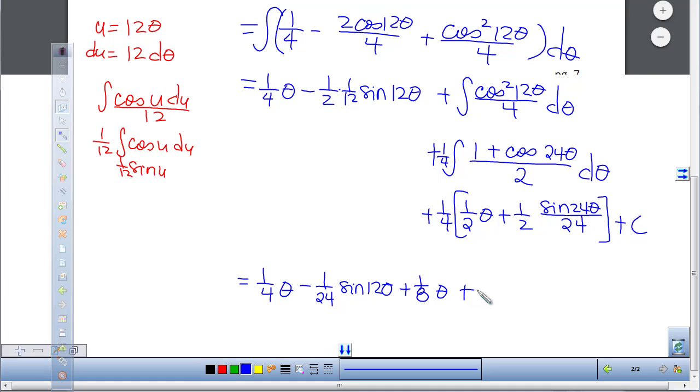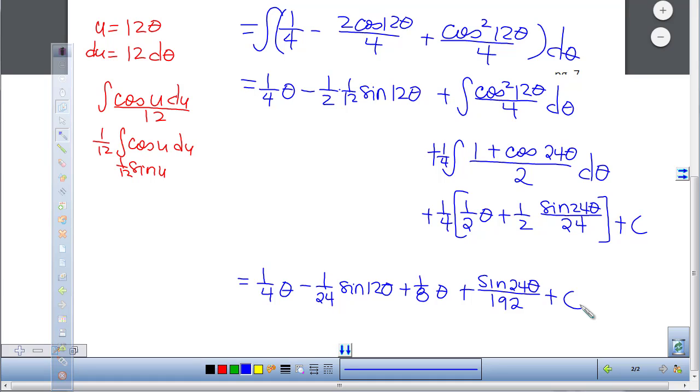plus, what's 8 times 24? Okay, which is 192. Okay, so we get sine 24 theta over 192 plus c. Okay, questions about that? I could have pulled a 1/4 out of that, but yep, that works.